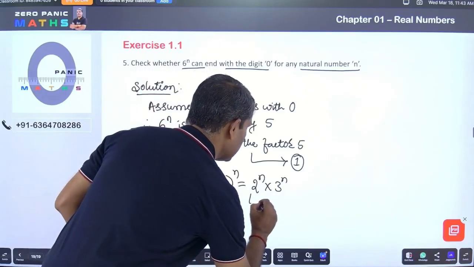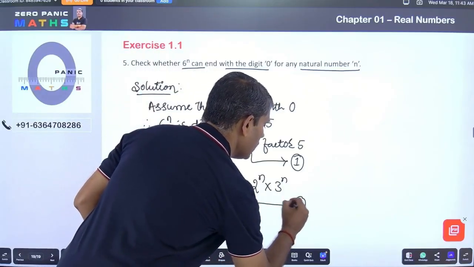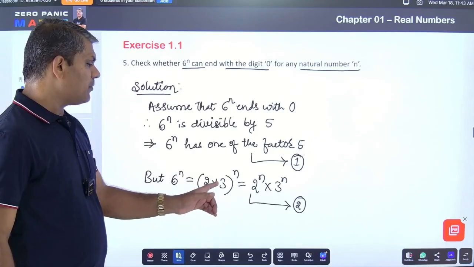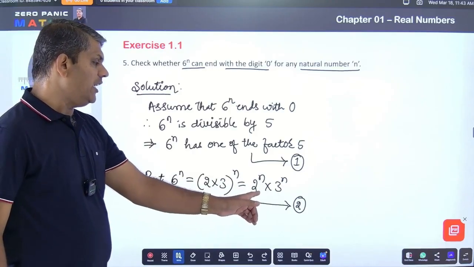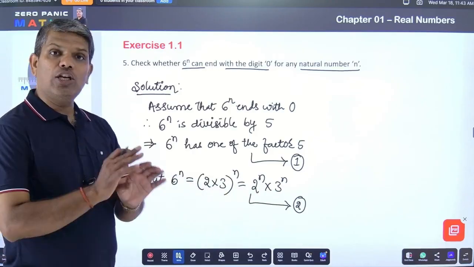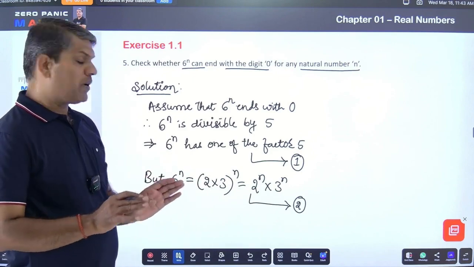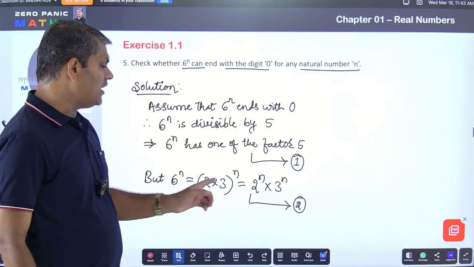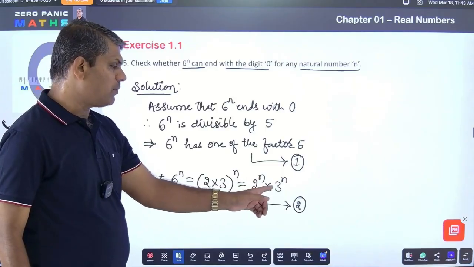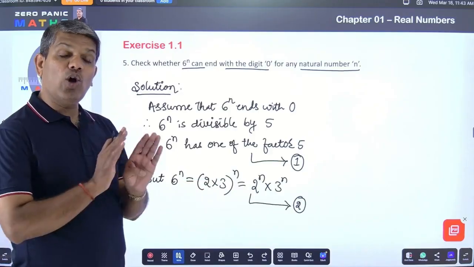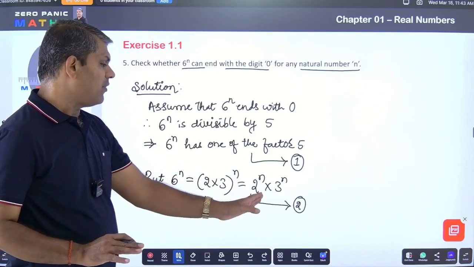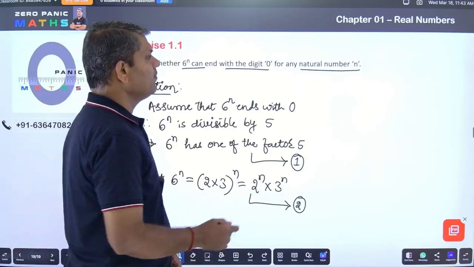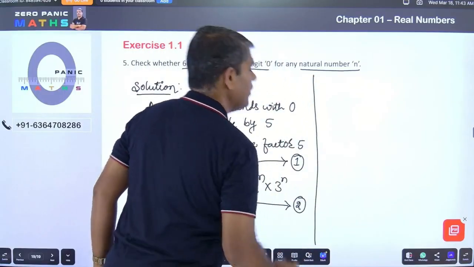Let us call it equation 2. Equation 2 says that 6 to the power of n has the prime factorization only in terms of 2 and 3, and no other prime factors are involved, because 6 to the power of n here is n times 2 multiplied by n times 3, and no other factors are involved in the prime factorization of 6 to the power of n. That is what equation 2 says.